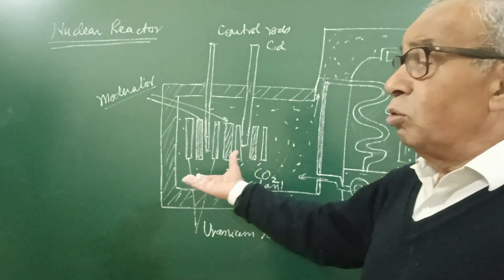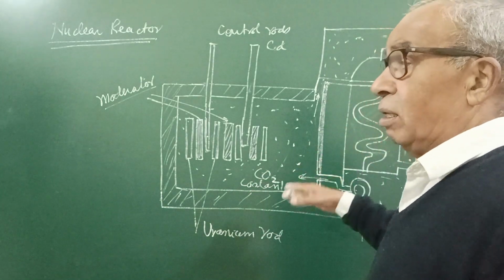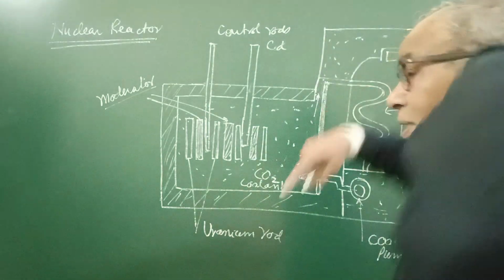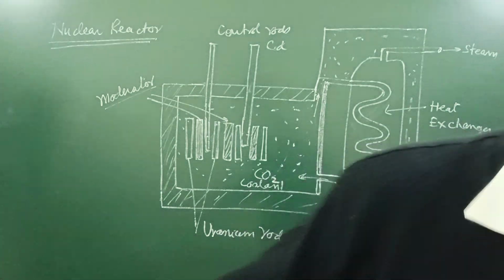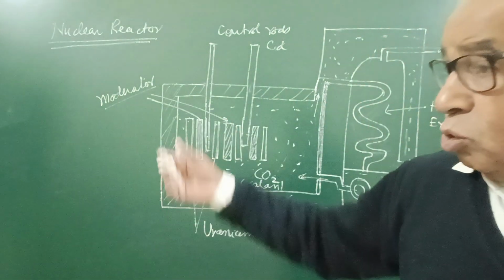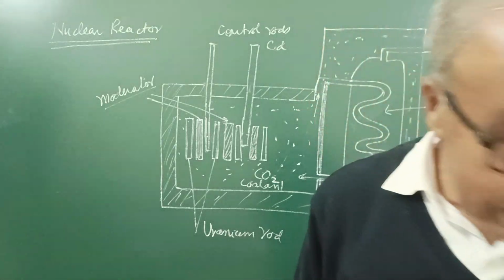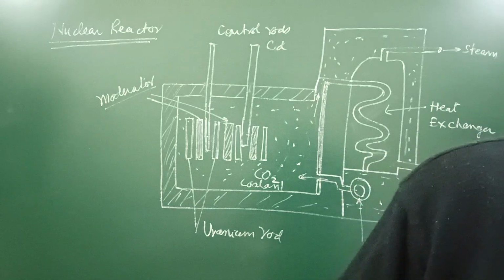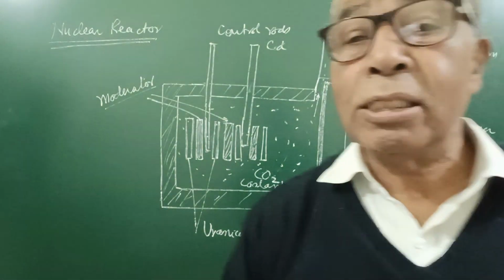The energy produced is converted to heat, which is absorbed by the coolant, and the coolant's energy is used to heat up water to produce steam. Then shield, used to avoid the emission of radioactive radiation, and safety devices, etc. Construction is this.